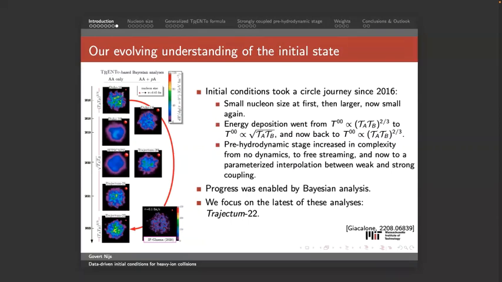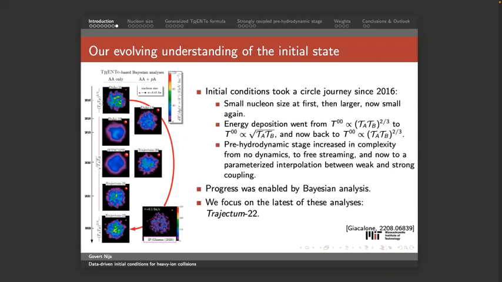So, for example, if you look at the nucleon size, which is this red dot here for illustration, you see it starts out very small, and then in later analyses it grows some more, and now here it's back to where it began. Another thing is this energy deposition.